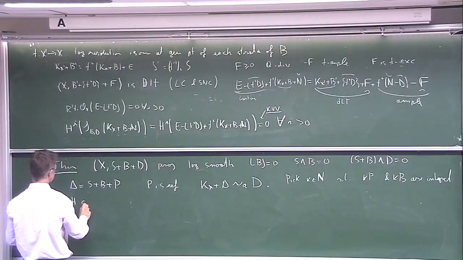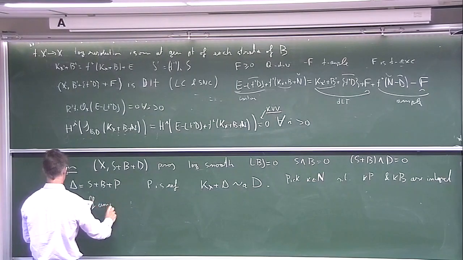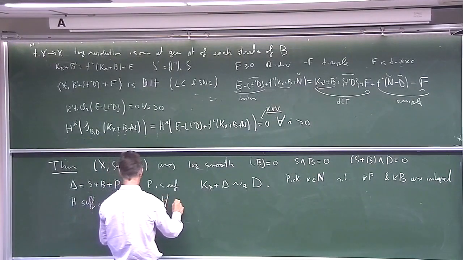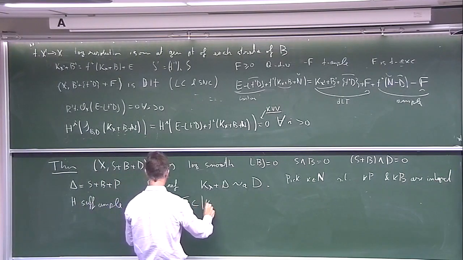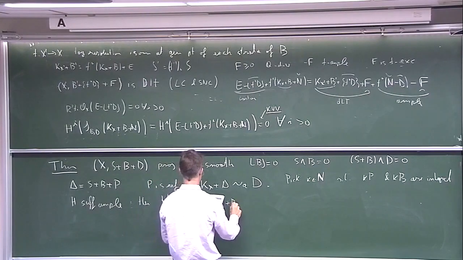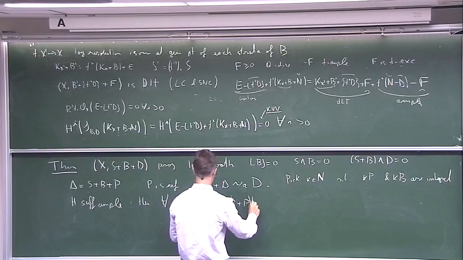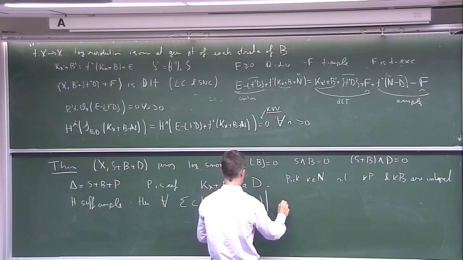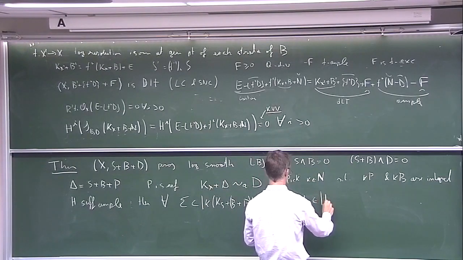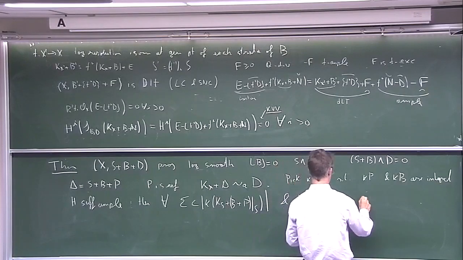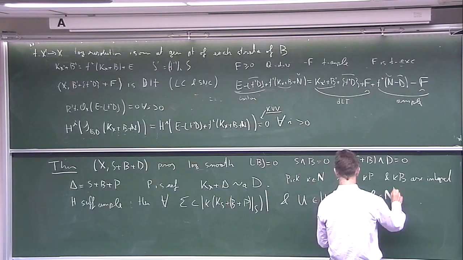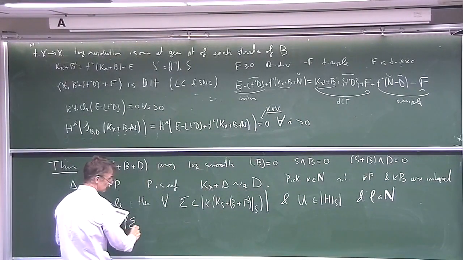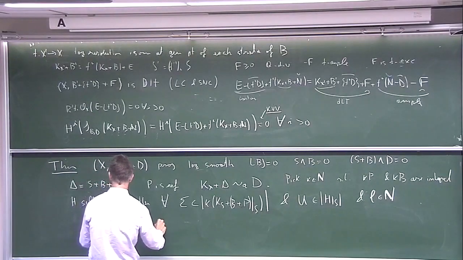And h, something sufficiently ample. Okay, now I can state it. Then, for every element sigma in this restricted linear series, and u in H restricted to S, and any positive integer L, we have L sigma plus u lifts.